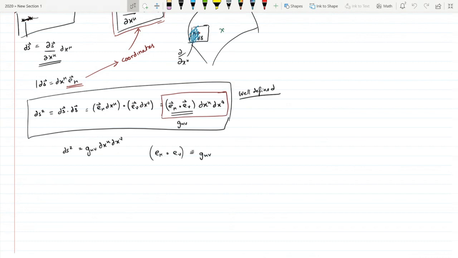And we've defined it via the inner product. Right? This is the inner product. Can you guys see already that it's symmetric in its indices because the inner product is symmetric? Which is to say that if I replace this with this, I get back the same thing. It doesn't change. Yeah. So that's an interesting property that we've arrived at just by using the inner product of our basis vectors.